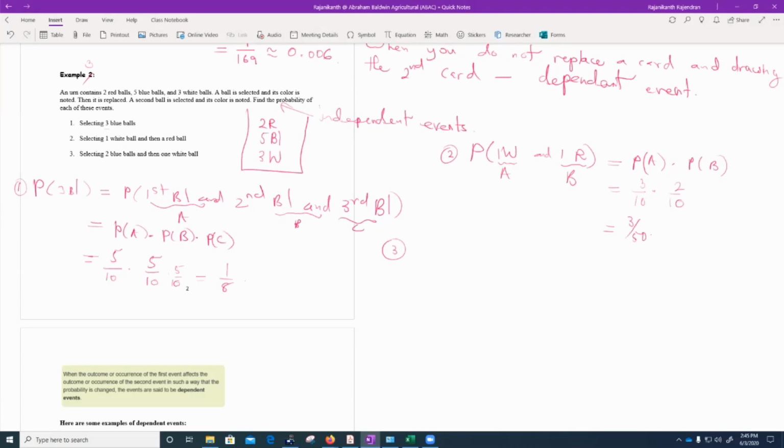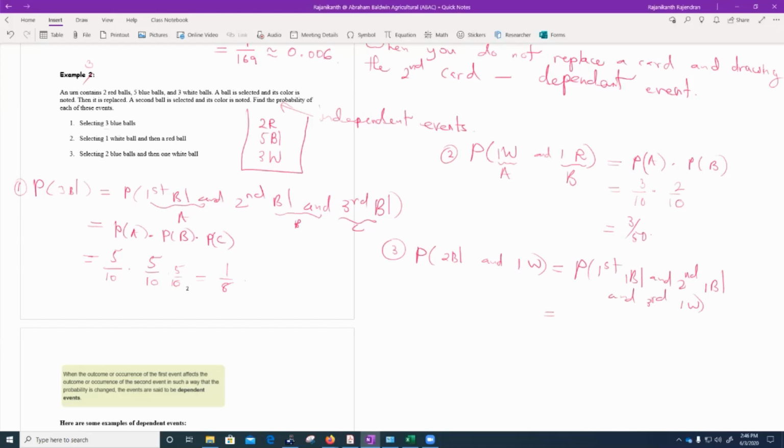Let's move to number 3. Selecting two blue balls and then one white. So the first two are blue and the third one is white. That means in the first attempt you get one blue, in the second attempt again one blue, and the third one is going to be one white. Remember, you are again doing three consecutive probability experiments.